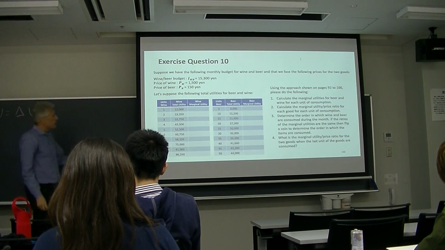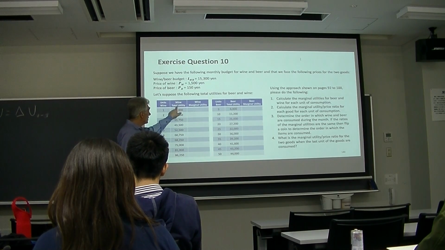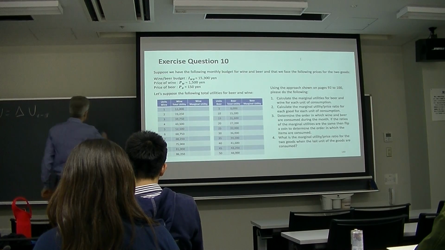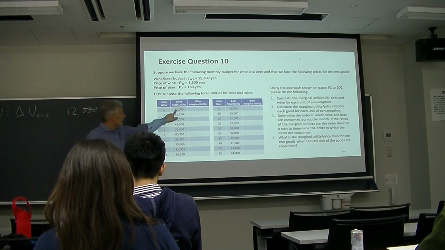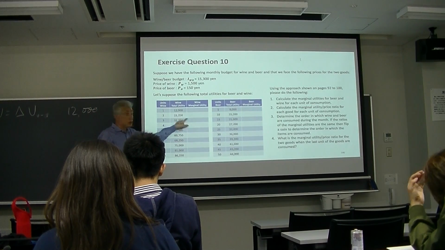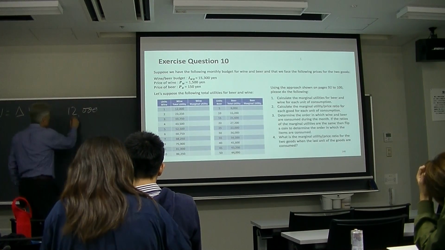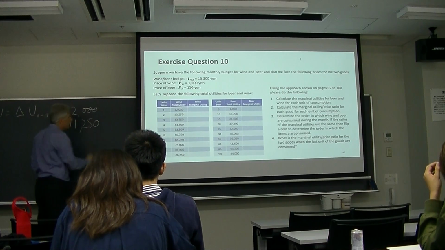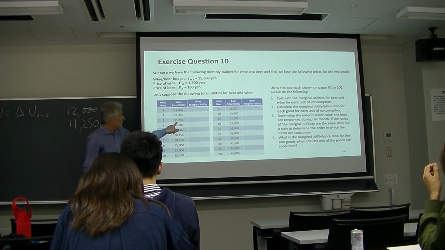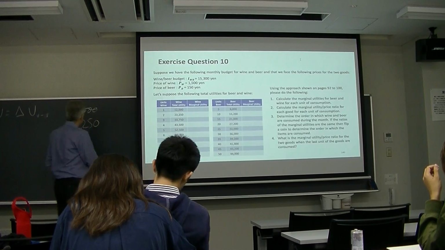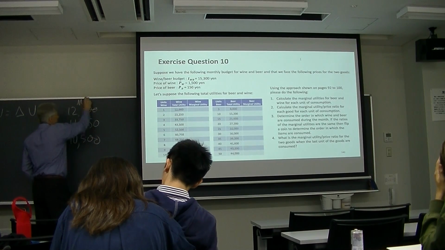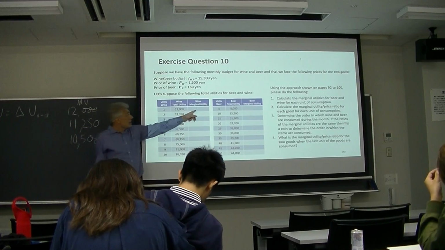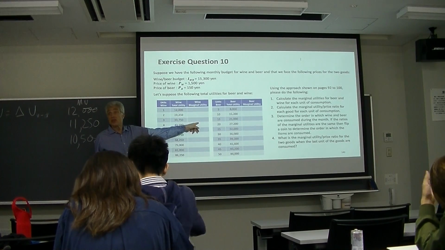So the marginal utility there is 0, then 12,000, then 11,250, then 10,500. That's the marginal utilities. The marginal utility is the change.